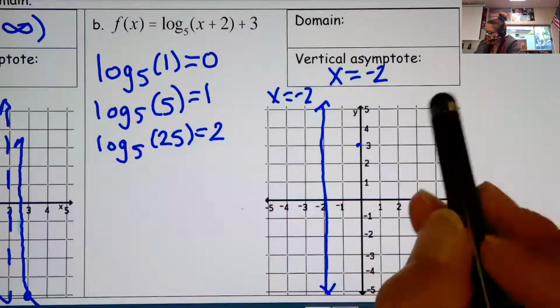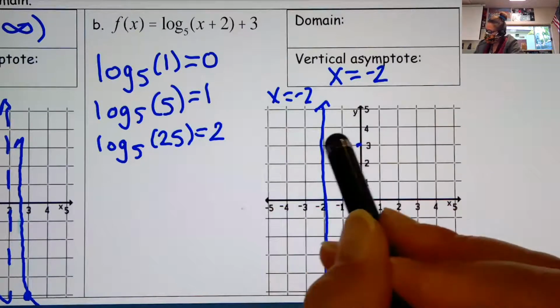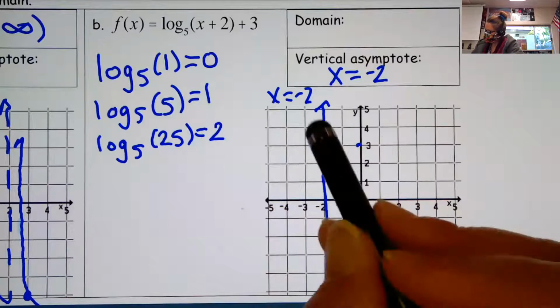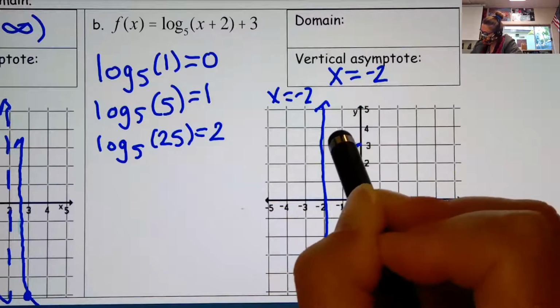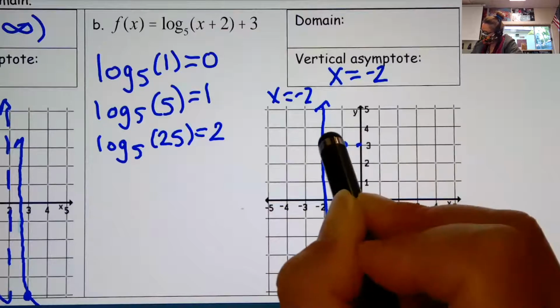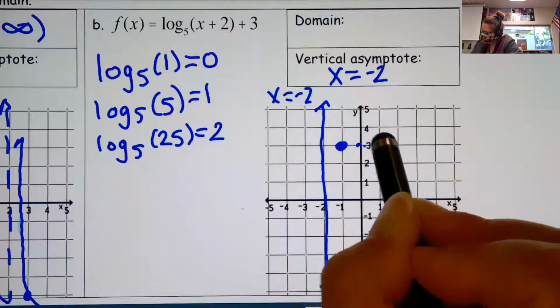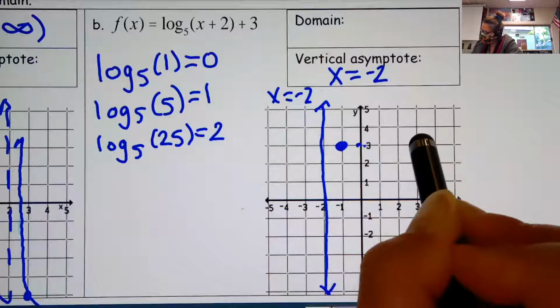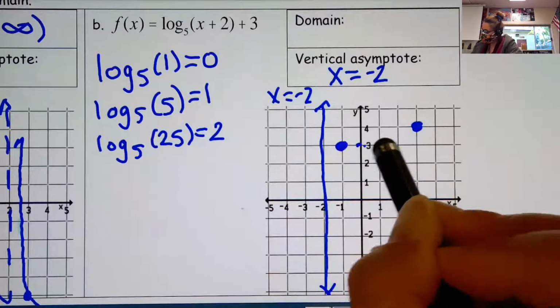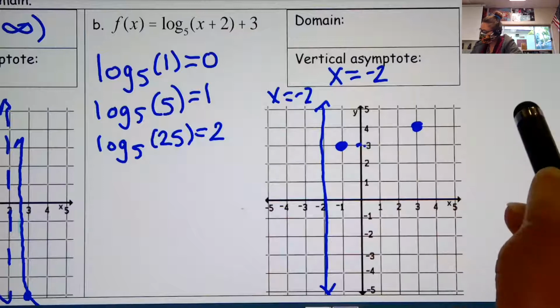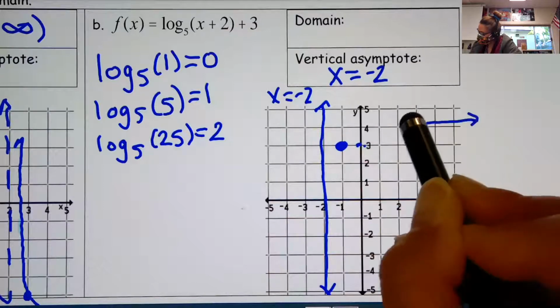That's not a point. And then that's where I'm going to go out 1 and 5 and 25. So log base 5 of 1 is 0. Log base 5 of 5, 1, 2, 3, 4, 5. Log base 5 of 5 is 1. I go out 25 and I'd go up 2, but that's not going to fit.